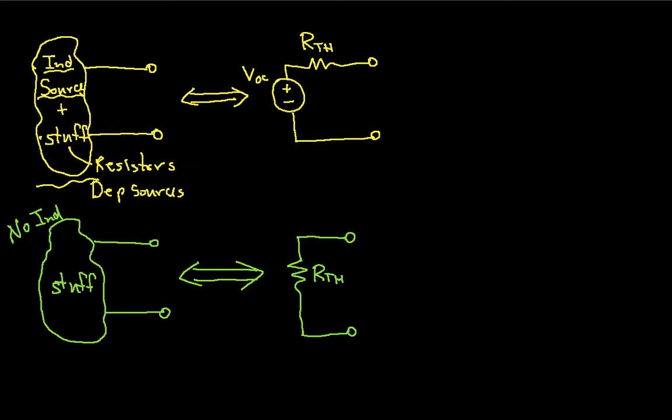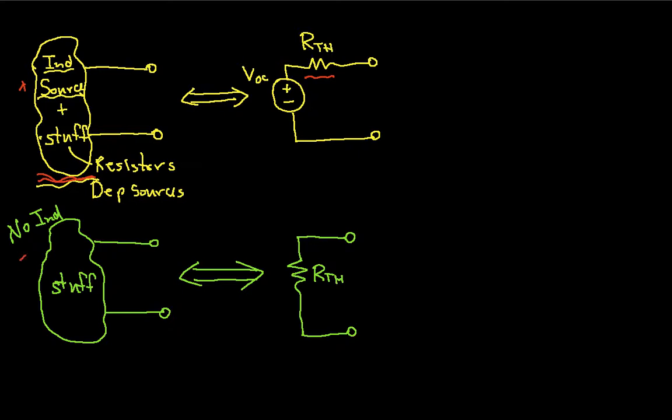Again, this is extremely useful because I might have something that has all kinds of stuff. Again, for example, it might be an amplifier, or it might be speakers or something like that. And I can take all of this stuff and combine it into a single resistance. When I'm using this to do analysis, typically in the case here, the yellow case where we have independent sources, this R Thevenin is oftentimes talked about as the output resistance of this whole blob of stuff.